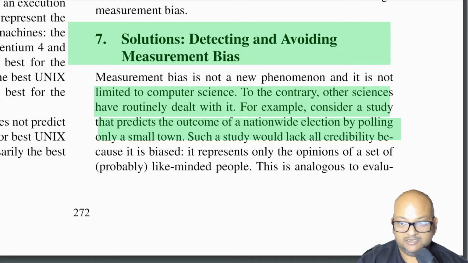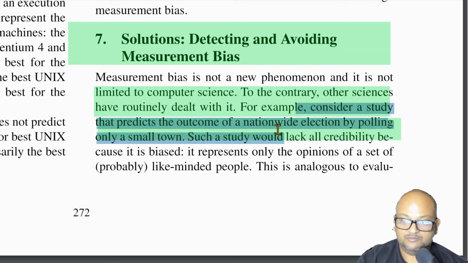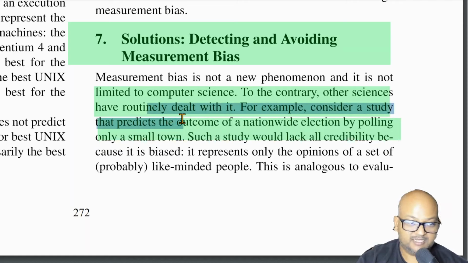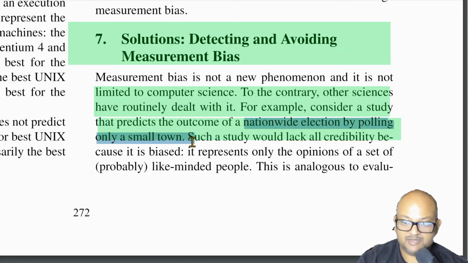How can we avoid this? What is the solution to measurement bias? The authors look to other scientific fields that have had to live with this problem for a long time and have come up with solutions to deal with it. They make the analogy with the small town polling problem, which is that if you want to predict the outcome of a nationwide election, you wouldn't try to do that by polling just one small town.